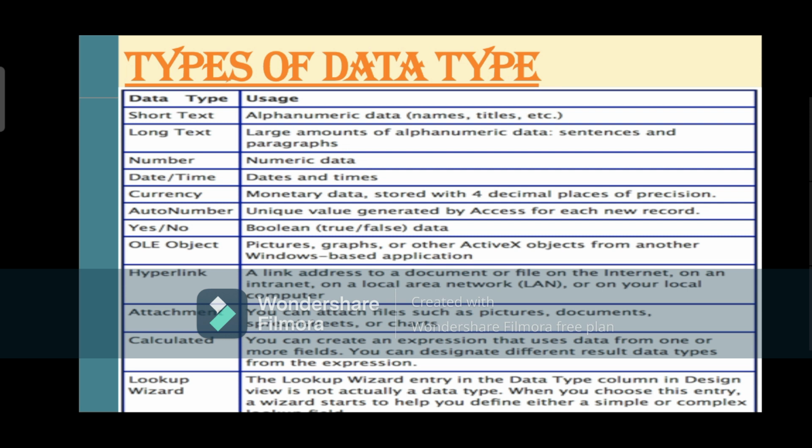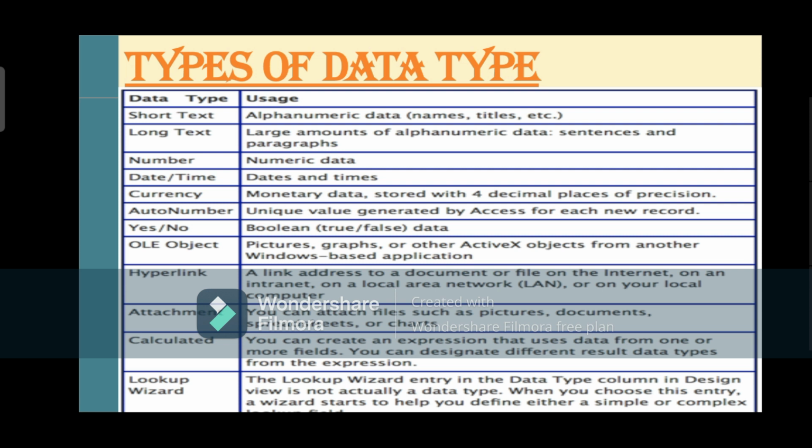Okay. Attachment data type. Attachment data type can attach files such as pictures, documents, spreadsheets or charts. Okay. Next one will be the calculated data type. Calculated data type is used to create an expression that uses data from one or more fields.